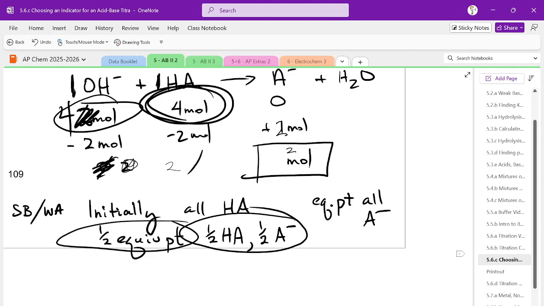Those moles were in my original volume. But if I'm looking at pH, I've got my pH meter sitting in the mixture the whole time. So anytime I'm looking at the pH through a titration, I am looking at the entire volume. Yeah? That was a good question. It really gets at one of the things that's very confusing about this unit.